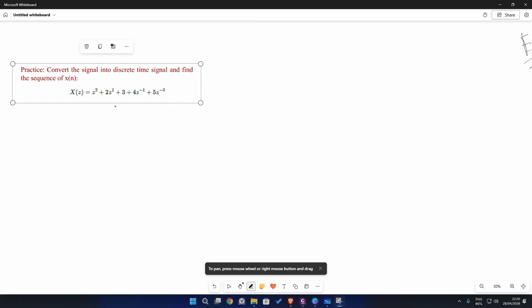Let us solve another problem. The things will be the same: delta[n minus k] will be z to the power minus k, and vice versa.